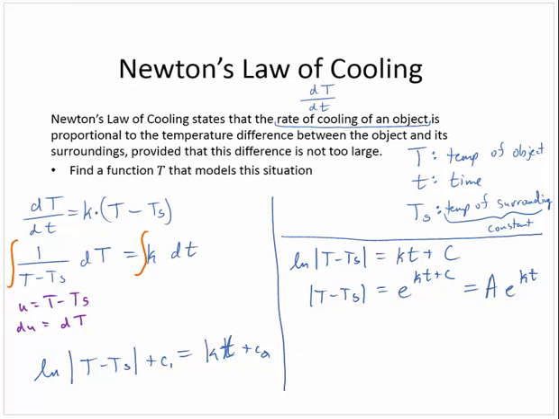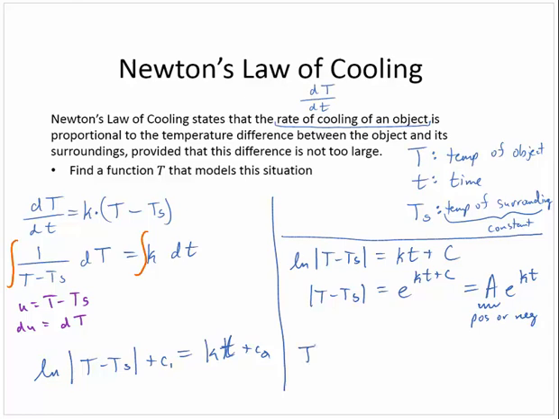Now, since I can write it like that, where this constant is multiplied by the e to the kt, it can be positive or negative, depending on the difference between T and T sub S. What that means is, I don't need the absolute value bars anymore.